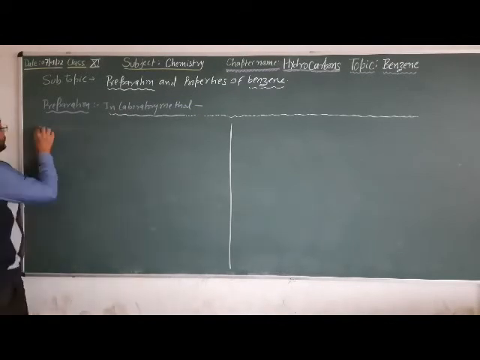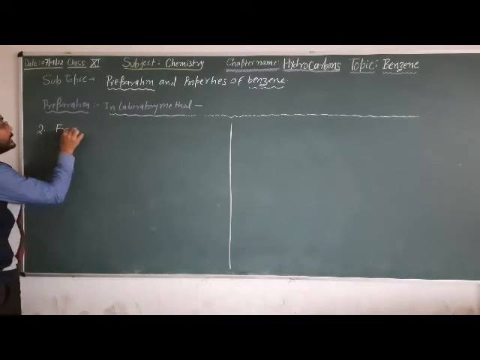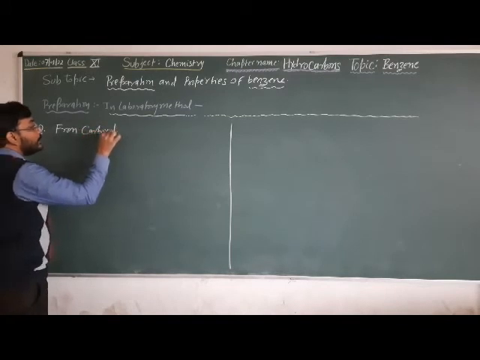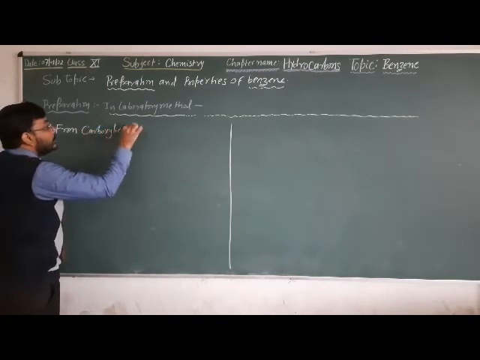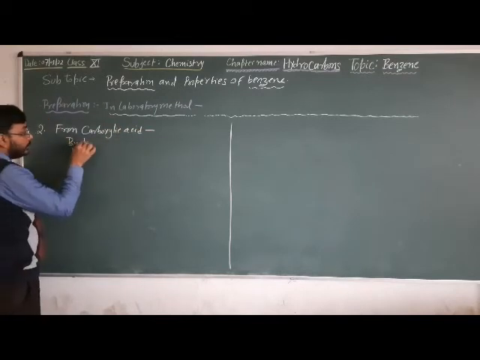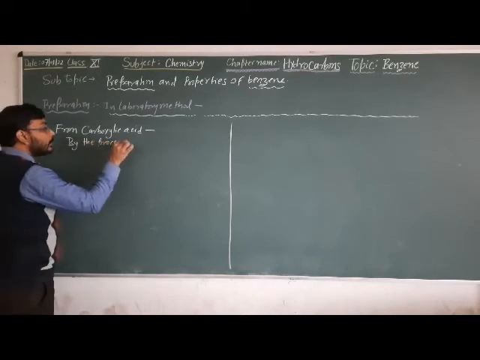Now, the second method: we get the benzene from carboxylic acid by the process of decarboxylation.